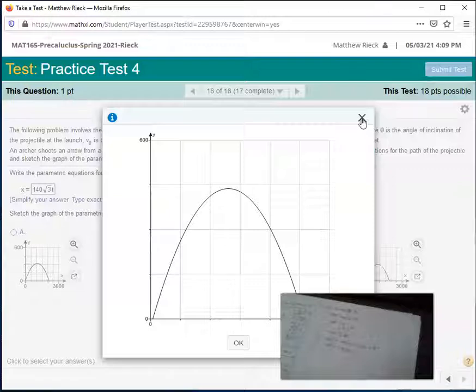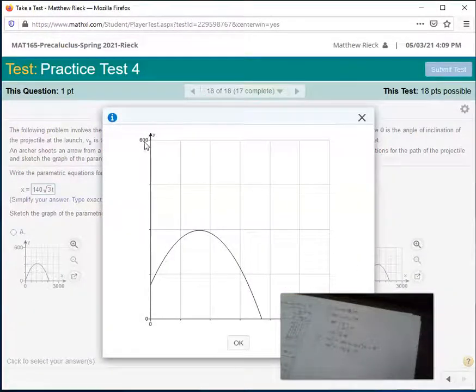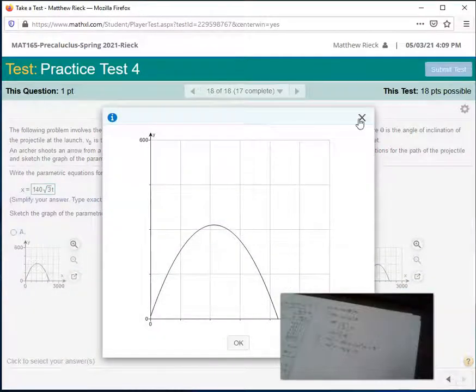All right, and looking at this, if this is 600, that means each tick is going to be, I don't know, 150 it looks like. So if our initial y, so when t equals 0, our y is going to be 9, which is not D here. So it looks like A is going to be the one we're looking for.